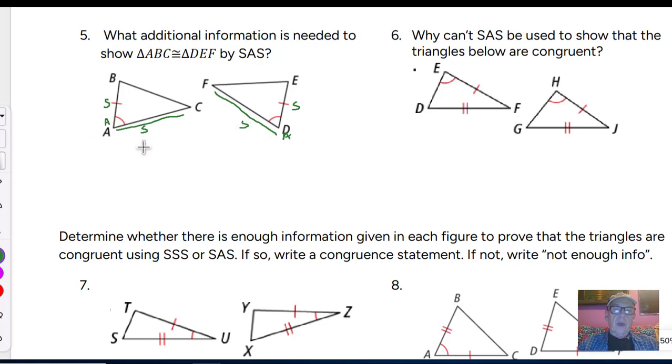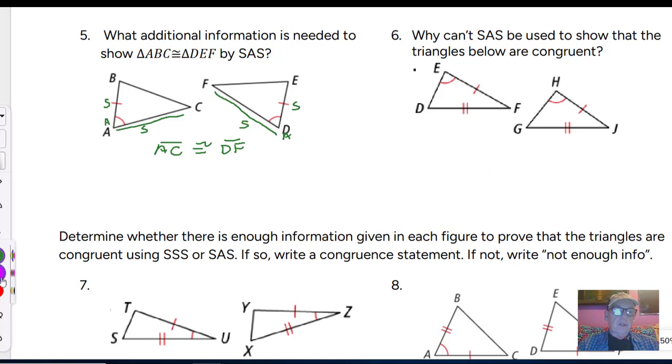So we have to somehow get proof or be told or find that segment AC is congruent to segment DF. Then that would give us the other S that we need to use the side angle side pattern.